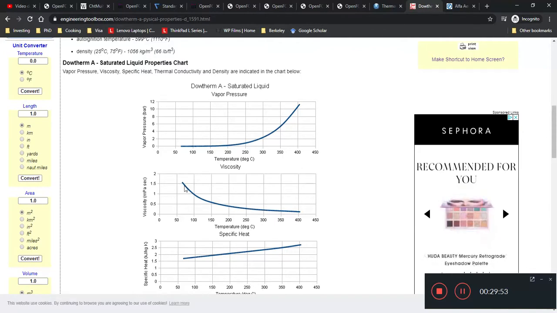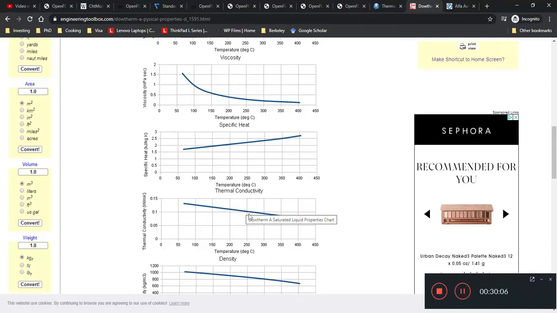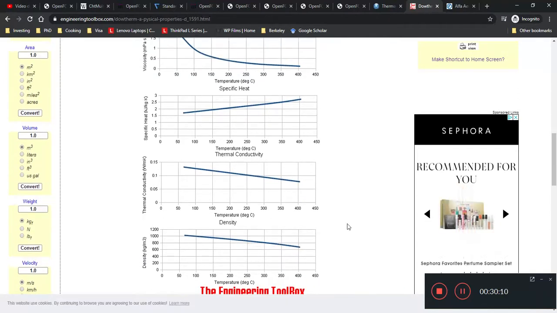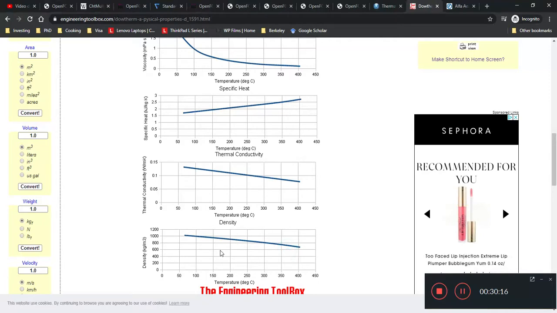But you have viscosity as a function of temperature here, specific heat, and thermal conductivity. And even the density. These are pretty linear functions of temperature, and it'll be pretty tempting to use the Boussinesq approximation here. I don't see why not.